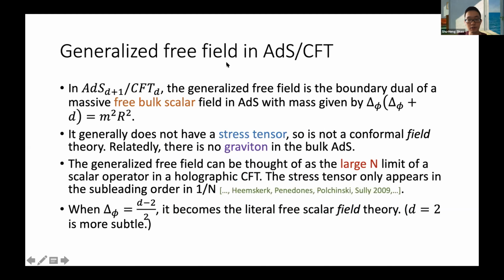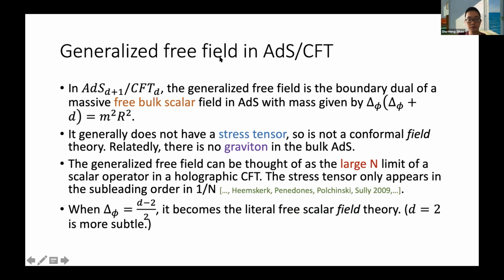Generalized free fields play an important role in AdS/CFT. In the conventional AdS/CFT, the generalized free field is the boundary dual of a massive bulk scalar field in AdS with mass related to that parameter delta phi in the standard way.